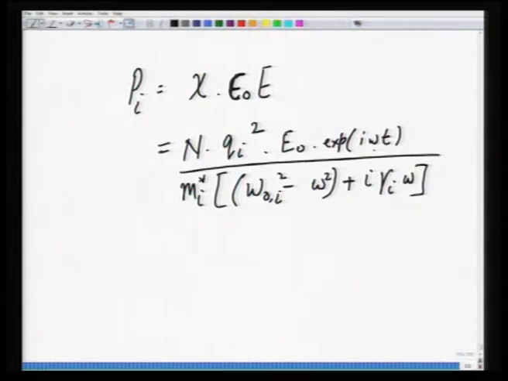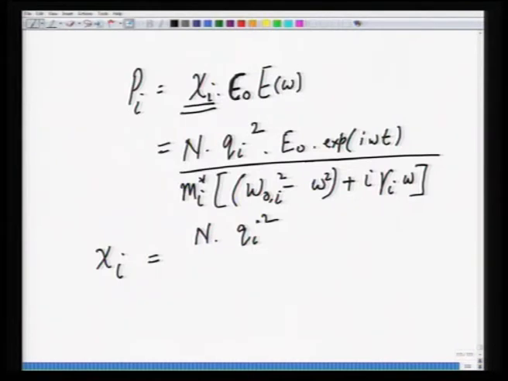Okay. So, now since you know that this is your chi I, chi I will become equal to n q I square. So, you just have to make this equivalent. So, this E is nothing but E omega.